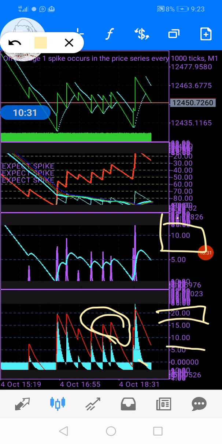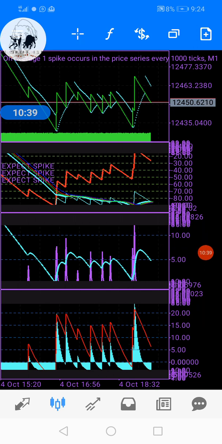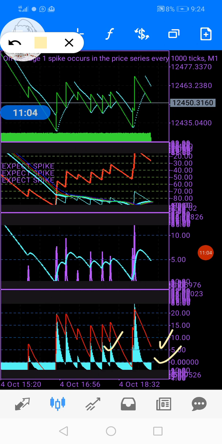As soon as it touches your level 5 right there, you go out, because most of the time when the market is being too volatile, it actually spikes a lot on 5, right? Like this. Or if they don't spike on 5, they spike on 0. Okay, so 0, that's the normal level.